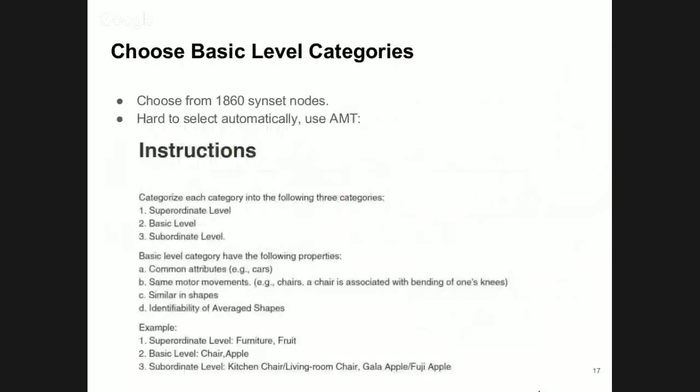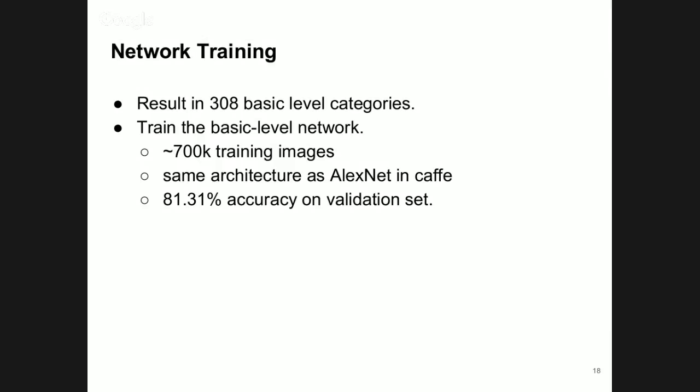On Amazon Mechanical Turk, I give them the instructions about what a basic level category is, using the rules by Rosch, and they categorize those 1,860 nodes or names in ImageNet. I get those responses, and I resolve the conflicts if they are very close. Ultimately, I get 308 basic level categories from the 1,800.